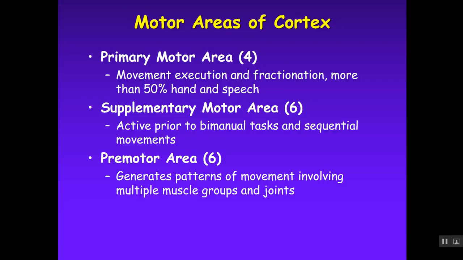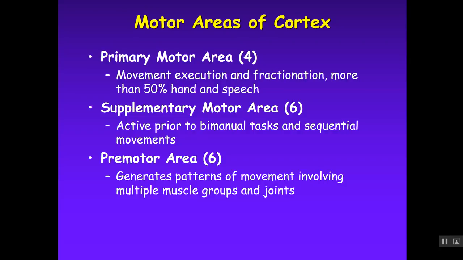The supplementary motor area is just in front of the primary motor area, but a little superior. Supplementary, superior. I think it is primarily active prior to bimanual tasks and sequential movements. So if I'm going to do a task like buttoning a shirt or opening a jar, using both my hands at the same time, some of the programs involved tend to be stored in that supplementary motor area.